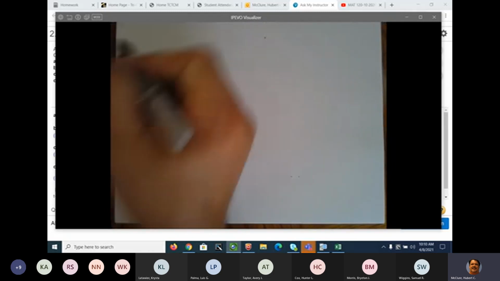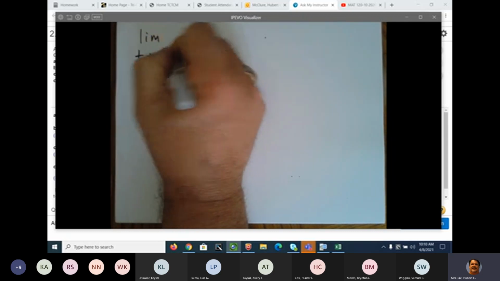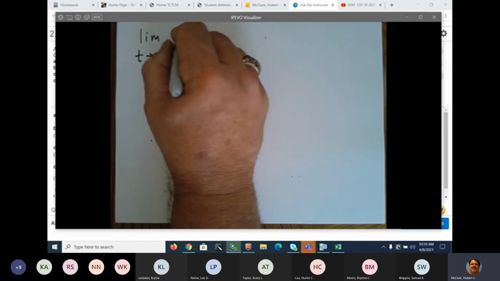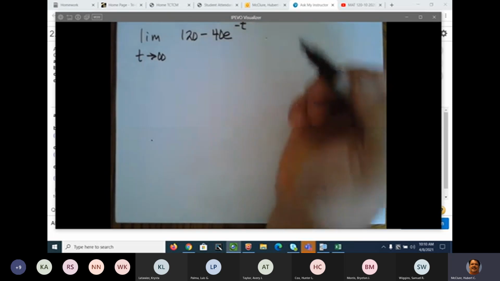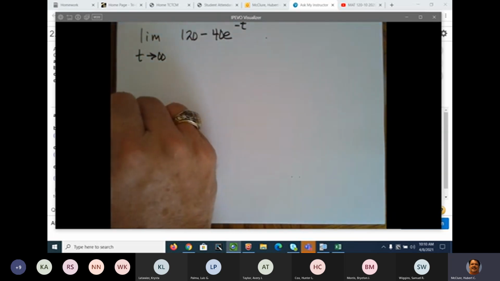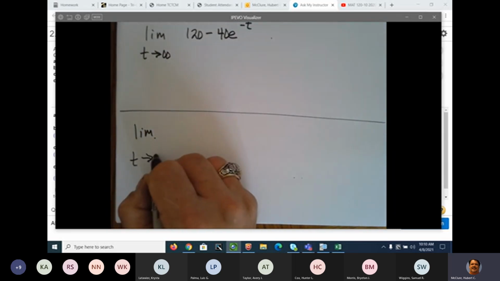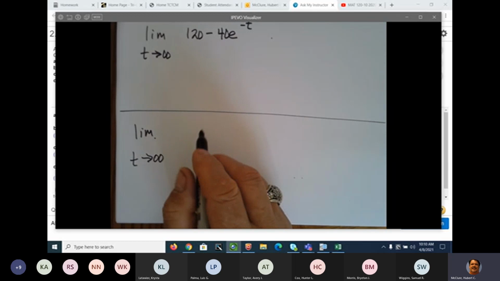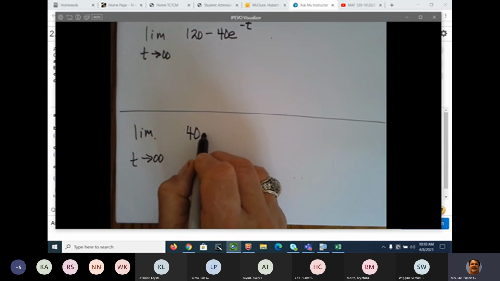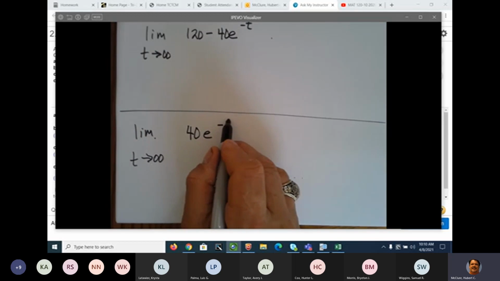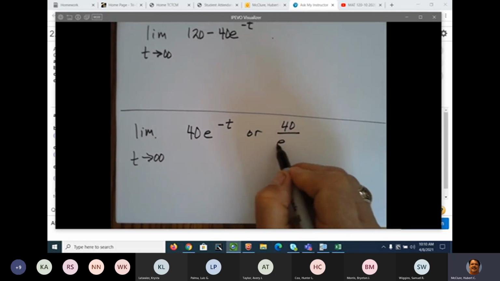Limit as t approaches infinity of the function 120 minus 40 e to the negative t, and then the limit as t approaches infinity of the function negative 40, this is c prime, 40 e to the negative t, or 40 over e to the t.